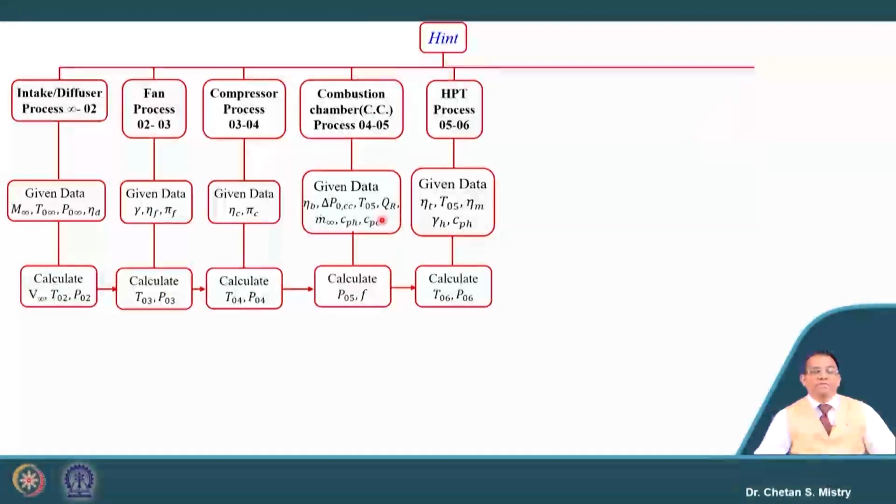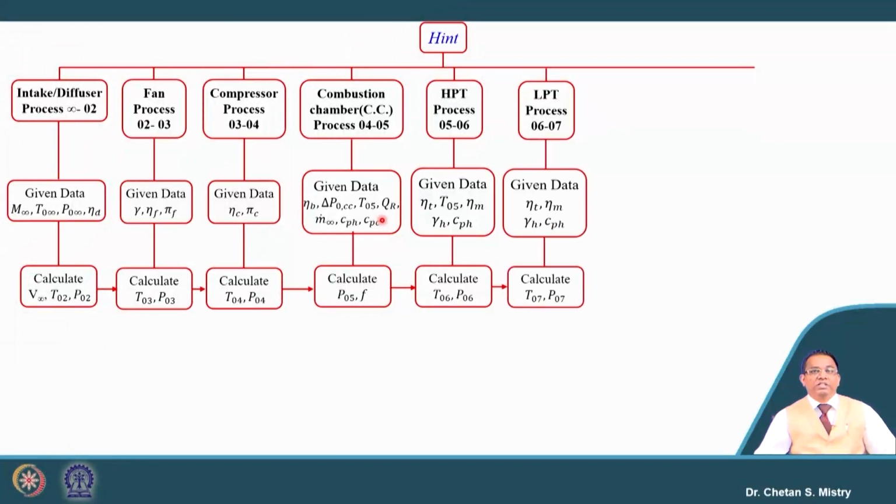Based on that we can calculate the exit pressure and exit temperature from the HP turbine. Then we have the LP turbine. For this turbine we have information about the turbine efficiency and mechanical efficiency, and from there we are able to calculate the pressure and temperature at the exit of the LP turbine.